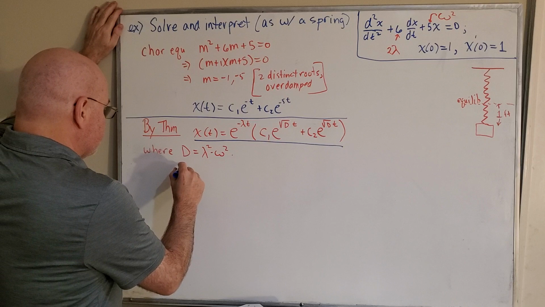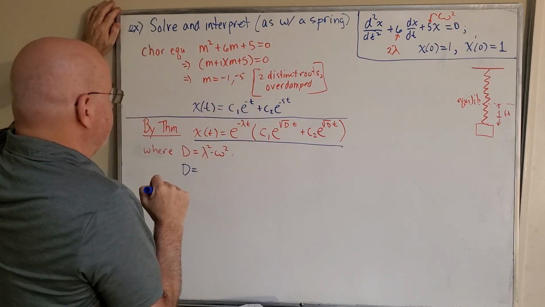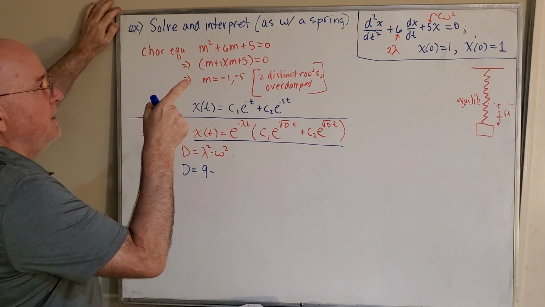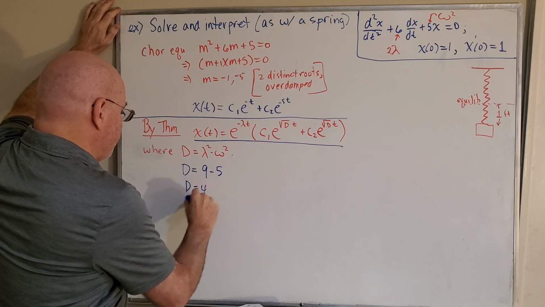So what does that tell us? D is equal to, lambda would be a 3. 3 squared is 9, minus omega squared is 5. So we get D equals 4.